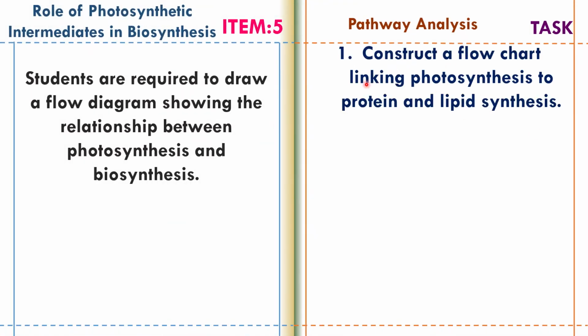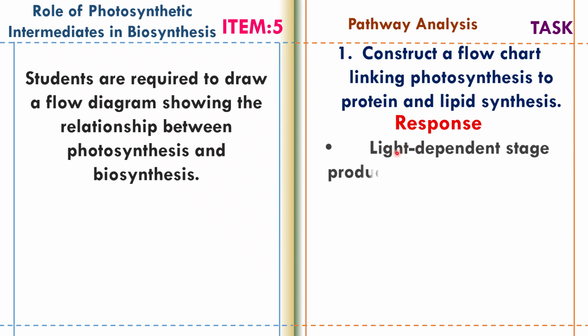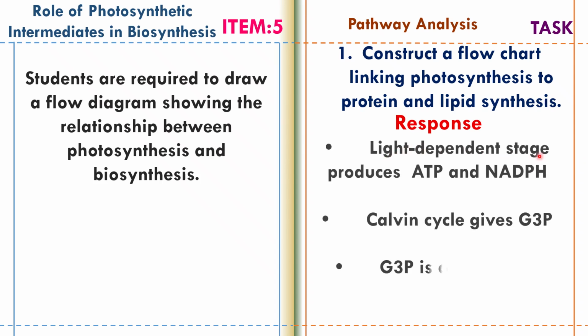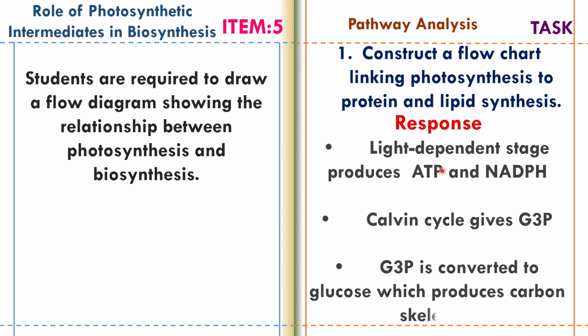Construct a flowchart linking photosynthesis to protein and lipid synthesis. Light-dependent stage produces ATP and NADPH. Calvin cycle gives G3P. G3P is converted to glucose, which produces carbon skeleton.